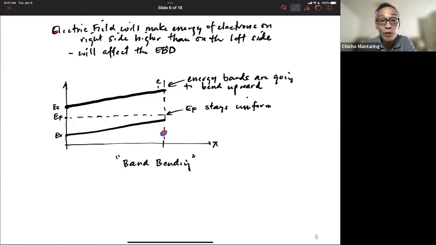So for this electron to conduct electricity, that is, to break away from this covalent bond, it has to have at least this amount of energy. On the other hand, if this electron with the same amount of energy were here on the left side, it will only need this amount of energy. So it's not the energy possessed by the electron. We're not talking about energy possessed by the electron. We're talking about the energy needed by the electron to be able to conduct.